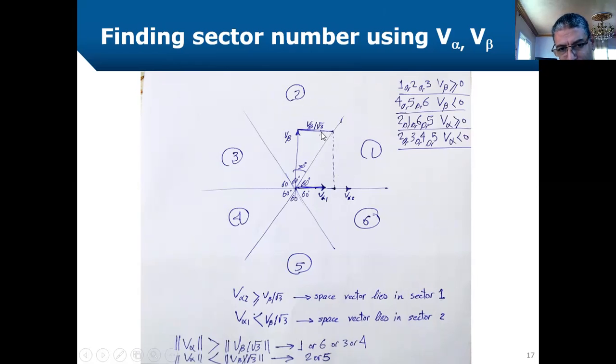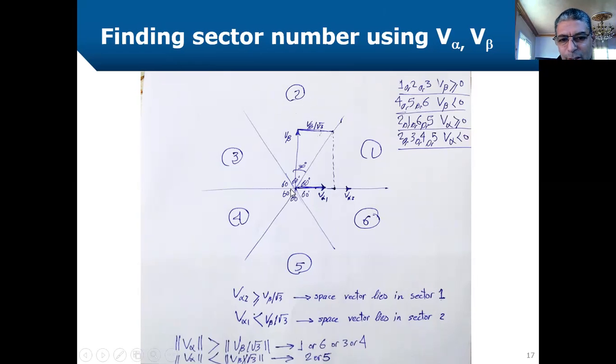But if V alpha is shorter than V beta by square root of 3, we talk about magnitudes, not magnitude with sign minus or absolute magnitude. So if V alpha is shorter than V beta by square root of 3, then the angle will be greater than 60 and the vector will lie in sector 2.